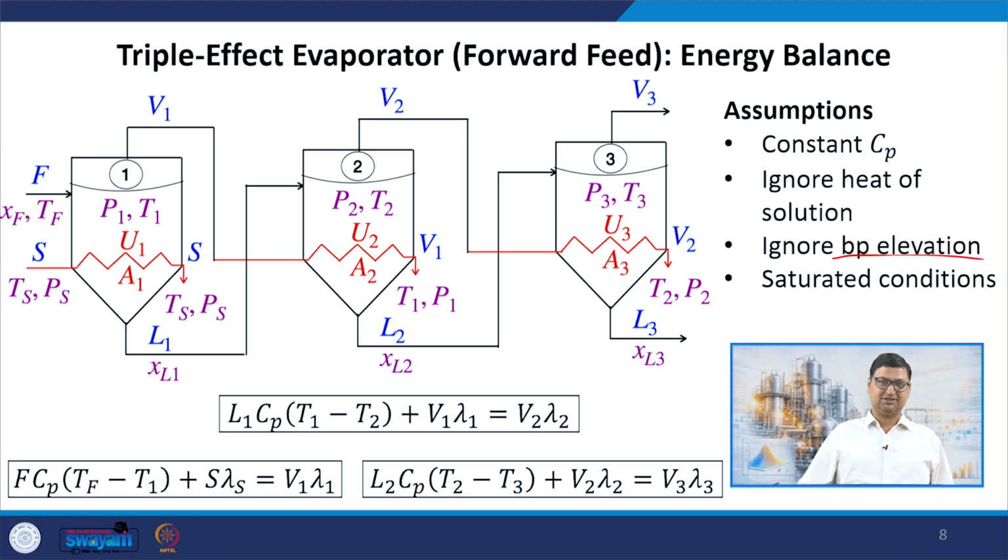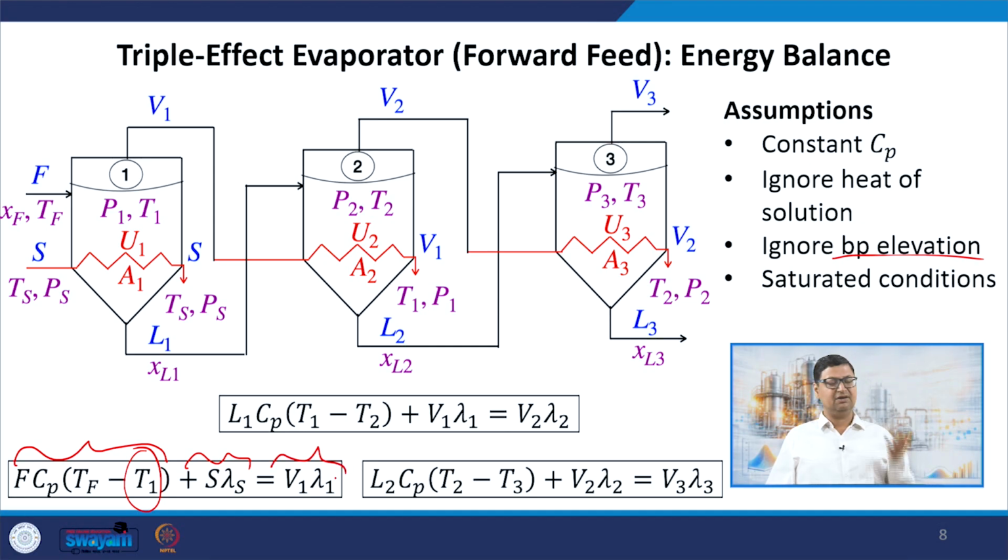So, now for the first effect, we will have a very similar equation. Instead of T that we had in the single effect case, now I have a T1, that is the temperature of the first effect. So, this is my sensible heat change of the liquid. This is the latent heat supplied by the steam, and this is the heat or enthalpy carried by the vapor.